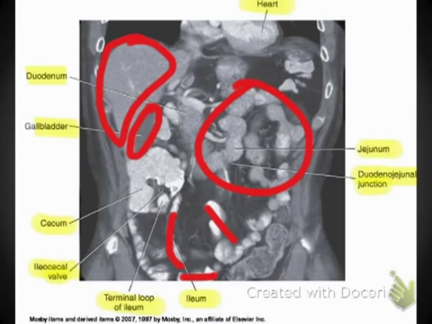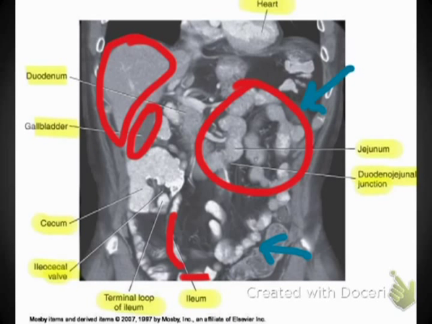And I want you to take notice of the contrast between this and this. Notice how the jejunum has this feathery type appearance. It's just kind of mottled, and as we enter into the ileum, everything is more clear and defined. And so that's how we're going to delineate between the jejunum and the ileum.